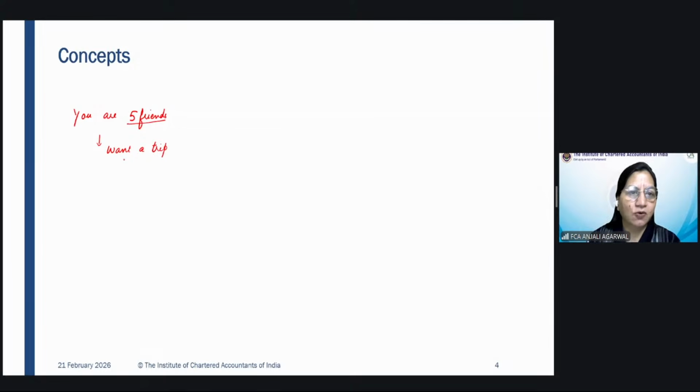So you tell all your friends to go for a trip, and you find out the cost of the trip. You are told that it is 20,000 rupees. So the trip is going to cost you 20,000 rupees, and you are 5 friends. So what should be the share of each of you? Each friend should contribute 4,000 rupees. So that's the normal thing, 20,000 divided by 5.